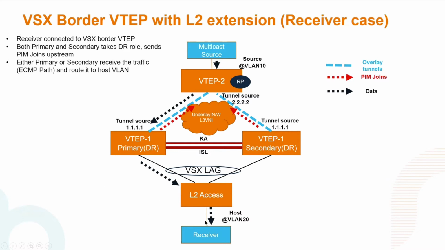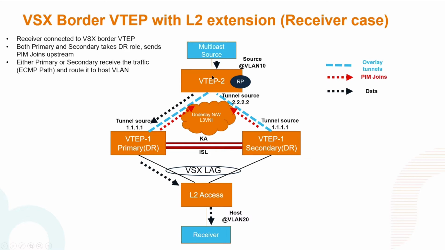Again, you need to configure the VSX virtual neighbor on both the primary and secondary. Both the primary and secondary will send the join to the remote VTEP, and VTEP2 will add this particular tunnel to the O list.